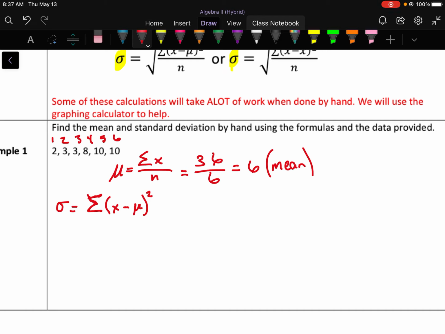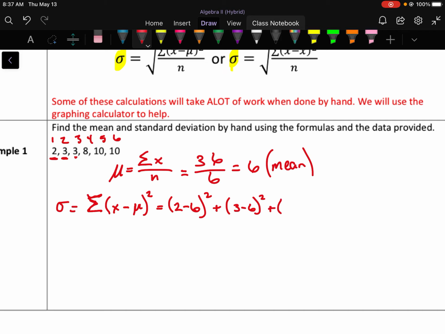So here is a lot of work, even for just 6 points. You start with your first number, 2, subtract the mean, square it. Okay, so that's what that means. But you have to do that for each data point. So then plus, because we're adding, that's what that sigma means, the sum, plus, now you take your next point, 3, minus the average, the mean, and square it.